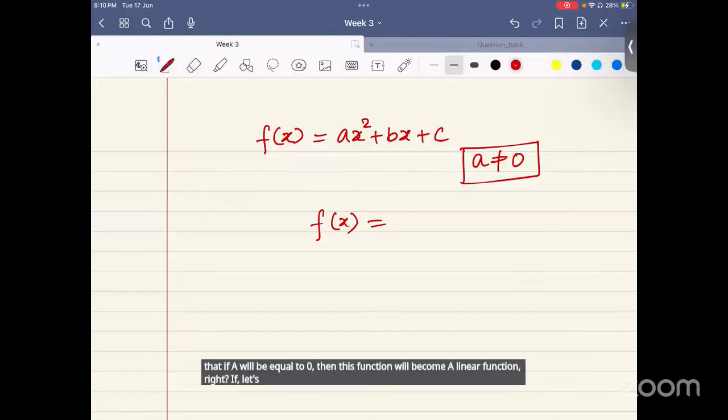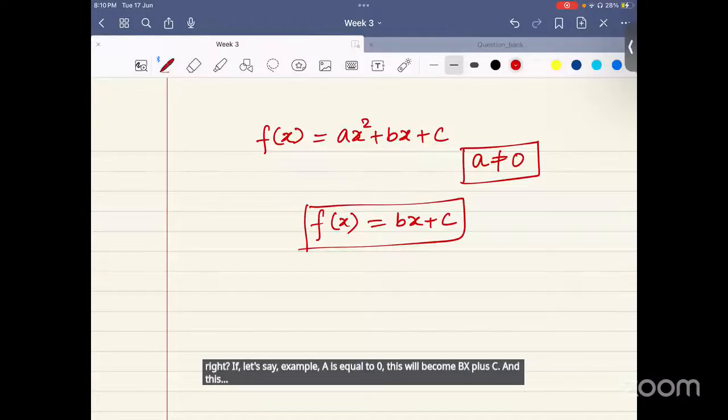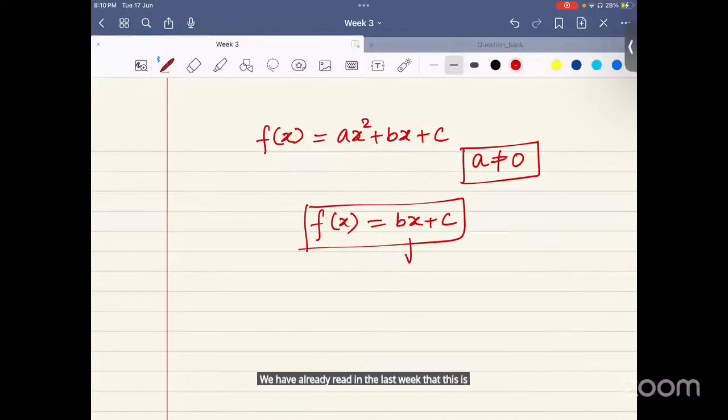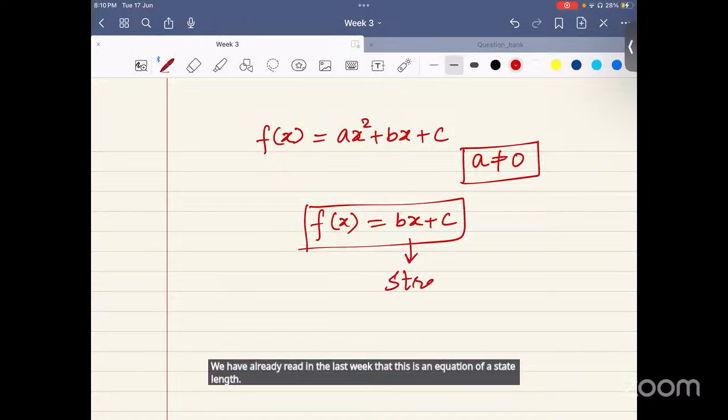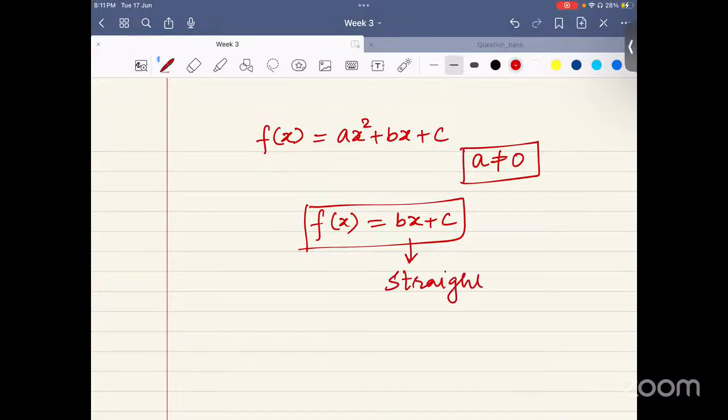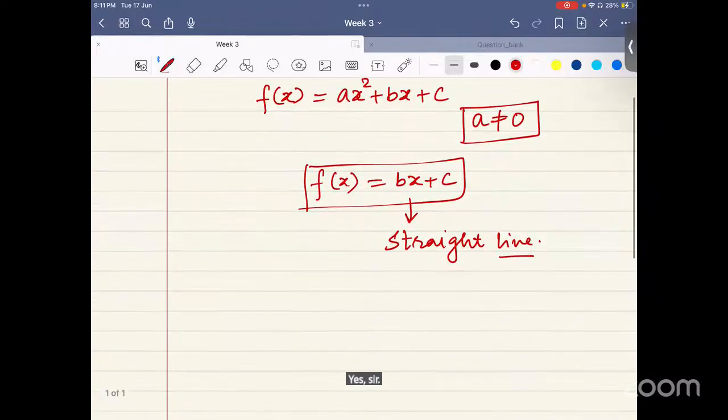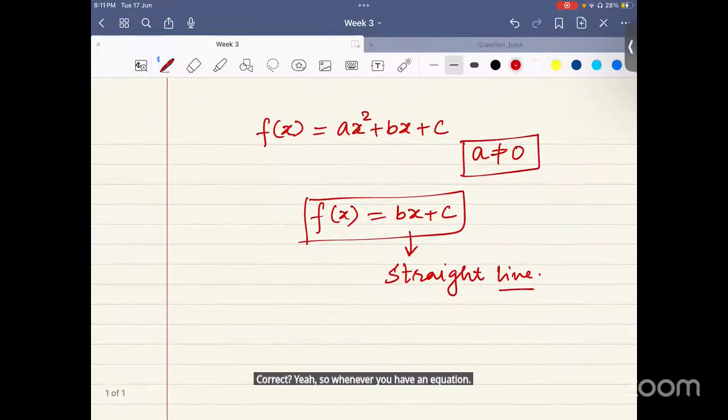For example, if a is equal to 0, this will become bx plus c, and we have already read last week that this is an equation of a straight line, correct? Yes, sir. So whenever you have an equation in the form of ax square plus bx plus c, where a is not equal to 0, this type of equation you generally call a quadratic function.